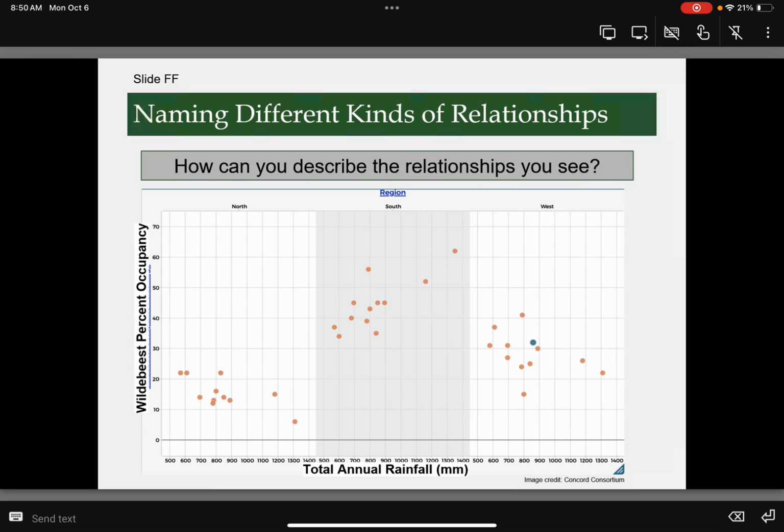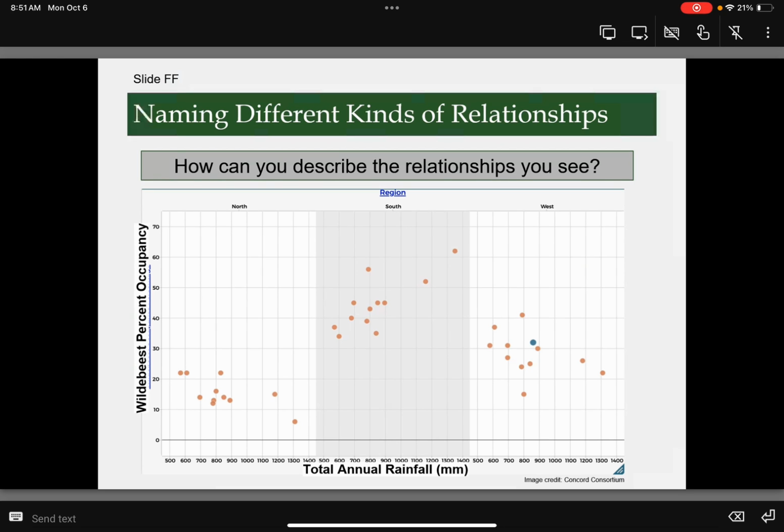Okay. What about for the south? It would be positive, right? And for the west, I would say it's also negative.